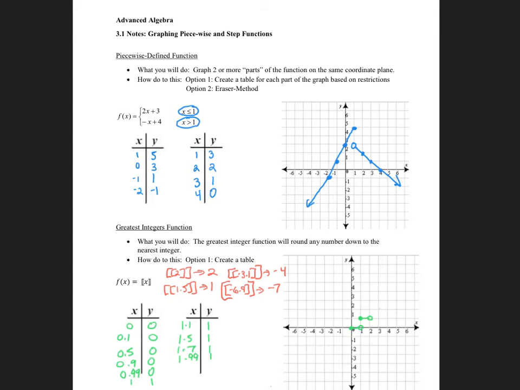Any value less than 3 rounds down to 2, and so on, and I could keep doing this. Any value less than 0 rounds down to negative 1. Any value less than negative 1 rounds down to negative 2. And you can see here that I'm starting to form a graph that looks like a bunch of steps. Hence, the greatest integer function is known as a step function.